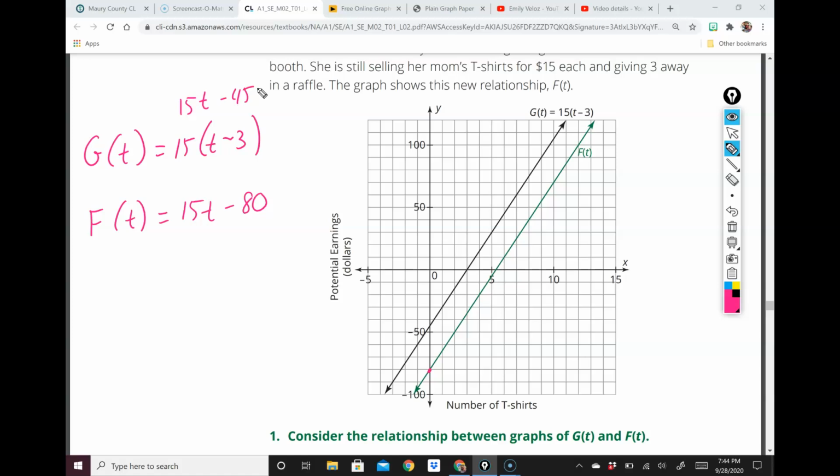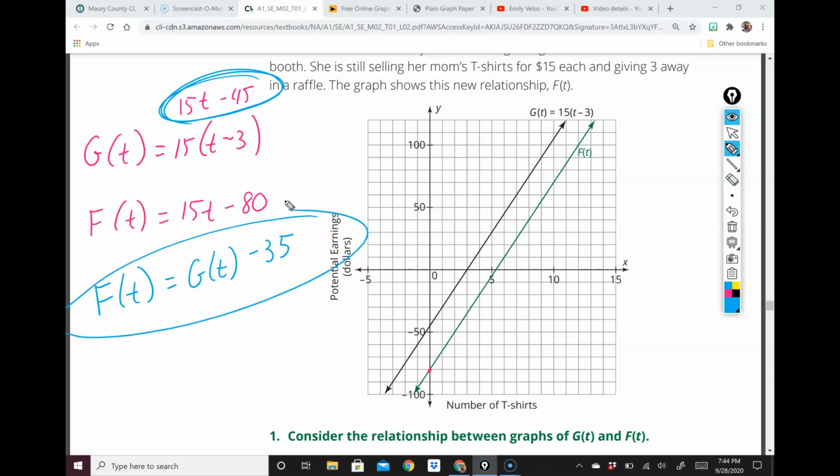And to put this in terms of f(t), f(t) equals g(t) minus $35 more. f(t) equals g(t) minus $35 more.